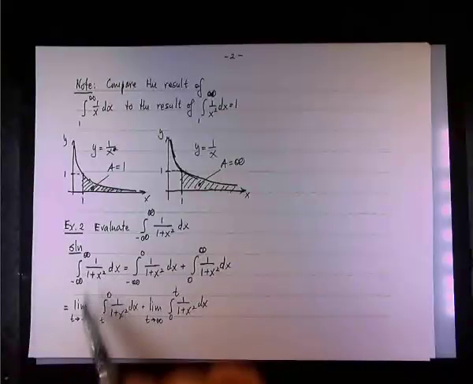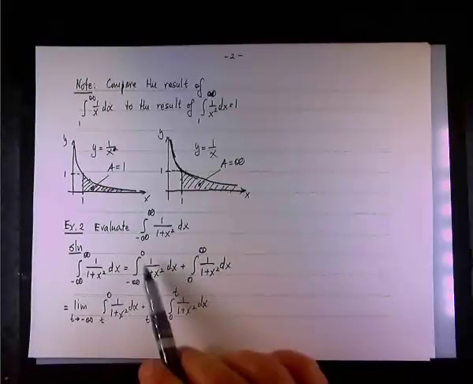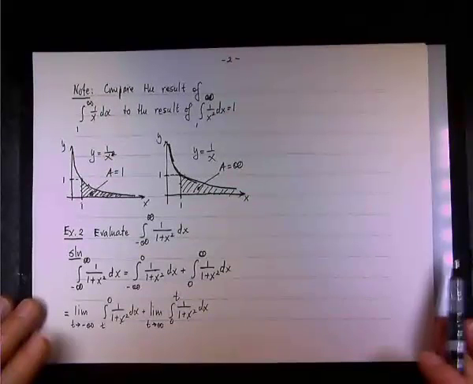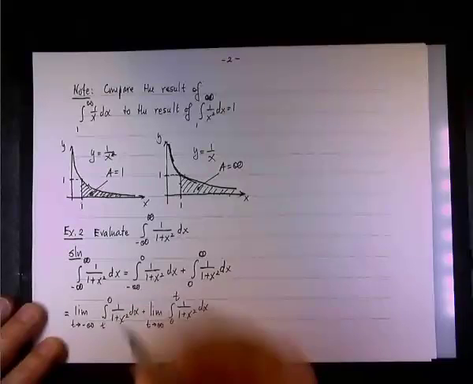You can see the rationale behind breaking down the integral from negative infinity to infinity to have a value in between, so we can use the limits. Otherwise it's hard to use a limit when you go both to negative infinity and infinity.